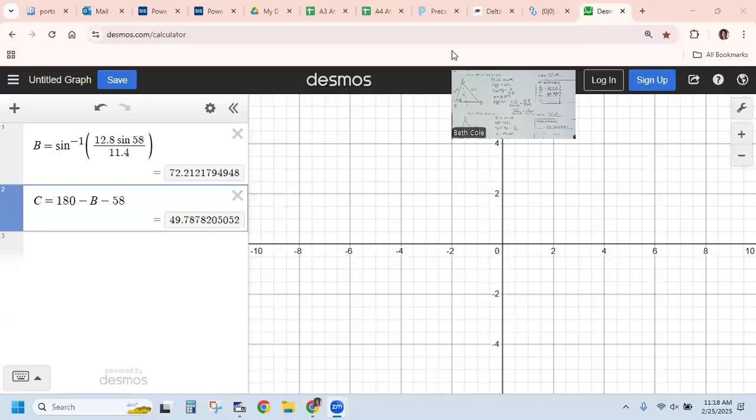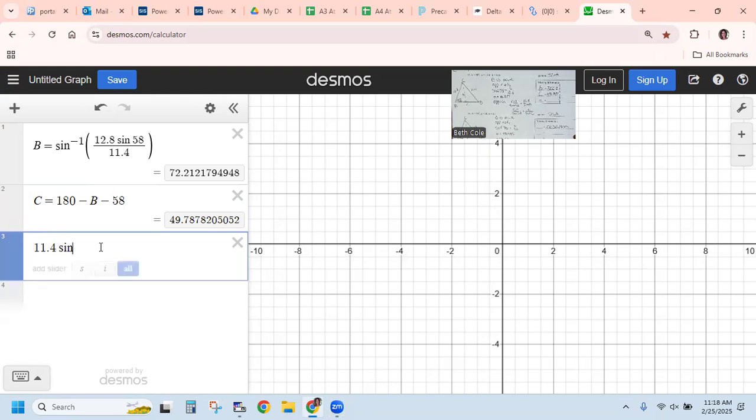Sorry, on these calculators, it's second sine, so I'm really used to saying that. No, we do not need that. It's going to just be 11.4 sine C divided by sine 58. Good job. We already have it, yep. And I have it stored right there. So it is 10.265. Yeah, that's just all normal.